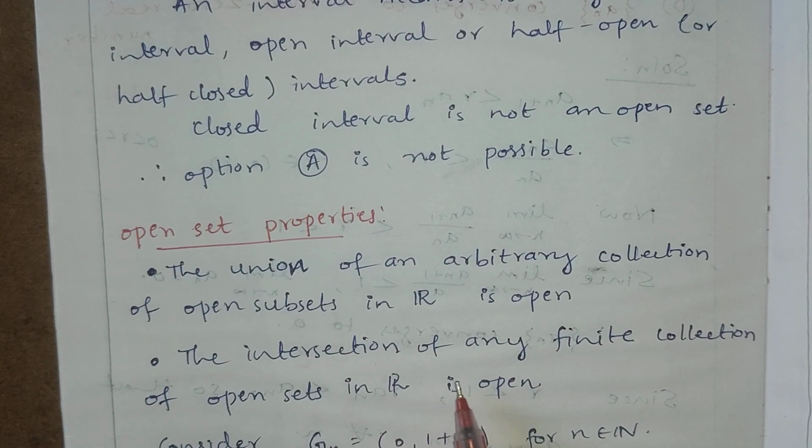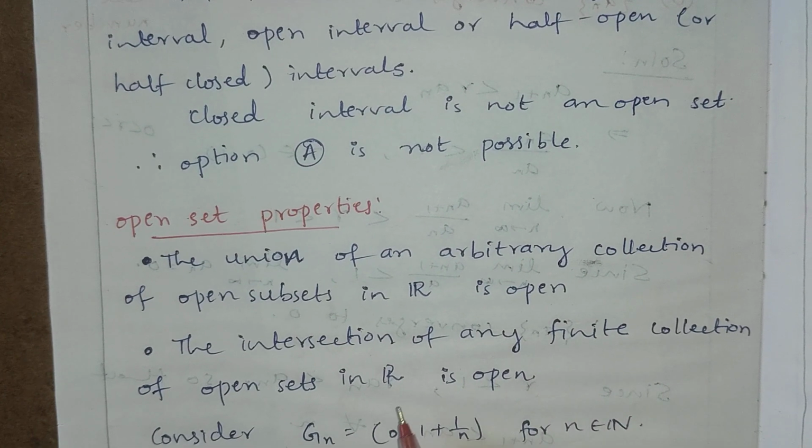Next, the intersection of any finite collection of open sets in R is open. So for intersection, only a finite collection of open sets in R gives an open set.